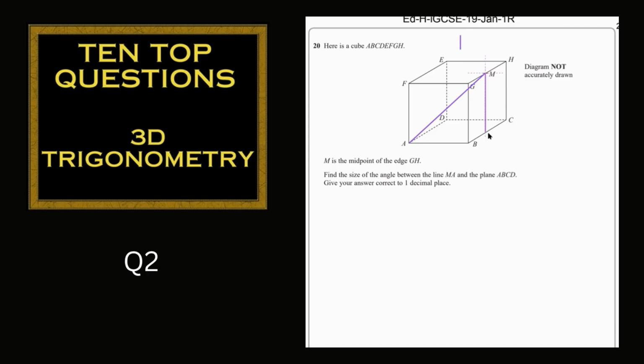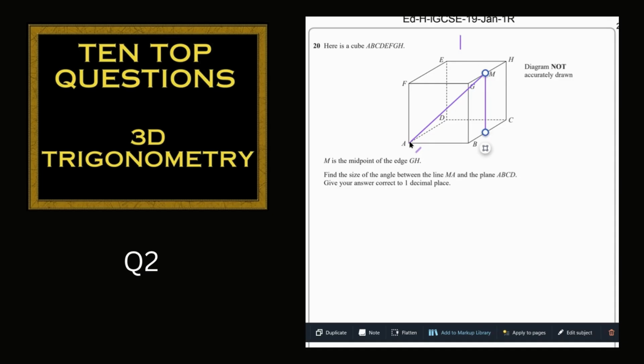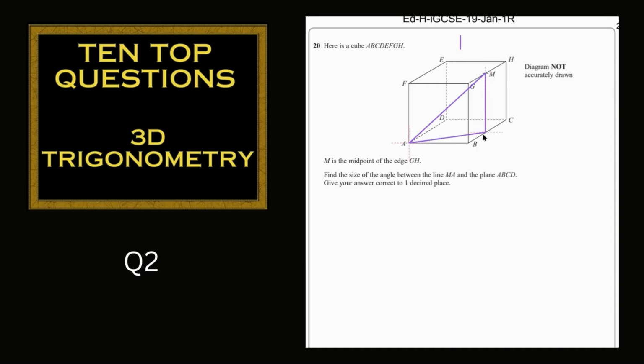The shadow that would be cast would be along that line there. Obviously, you are free to call the sides any letters you want, but I'm going to stick to the side length being 2x. So the distance between B and, I'll call it N, that's going to be an x.